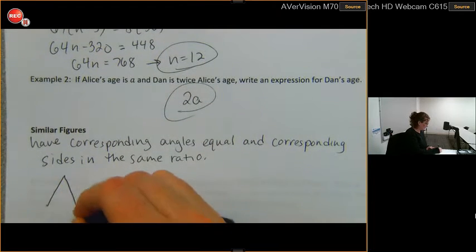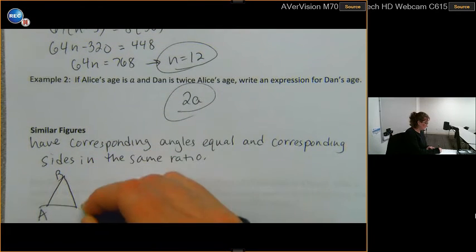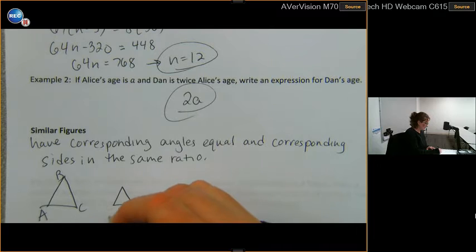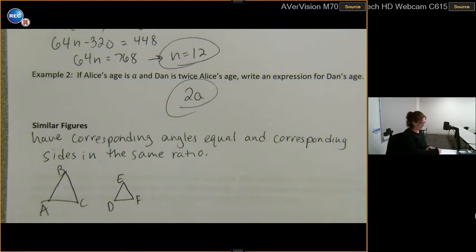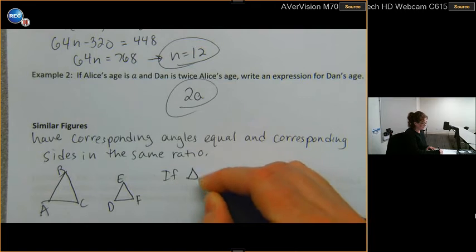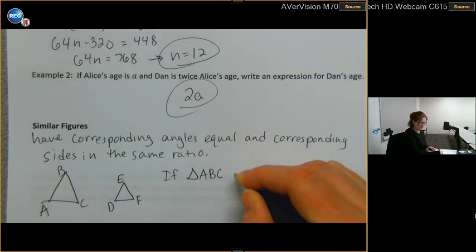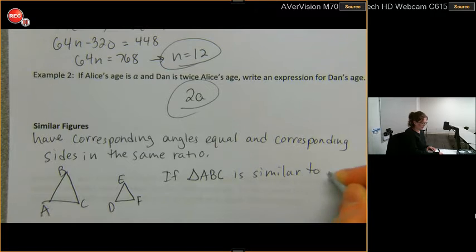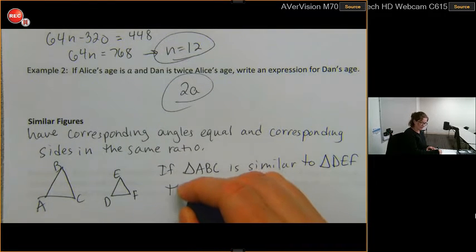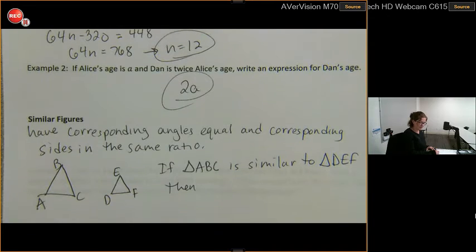If I have triangle ABC and triangle DEF, if triangle ABC is similar to triangle DEF, then the ratio of the corresponding sides is equal.